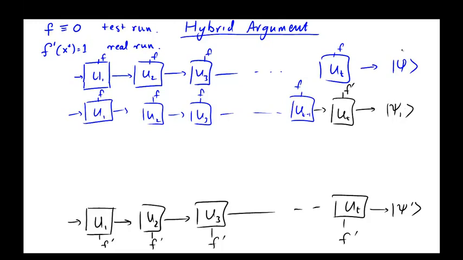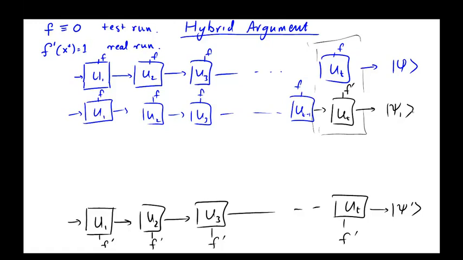The answer is, there's only one query that's changed between these two runs. But we know how to analyze one query. All it does is change the output state by roughly 1 over square root n.